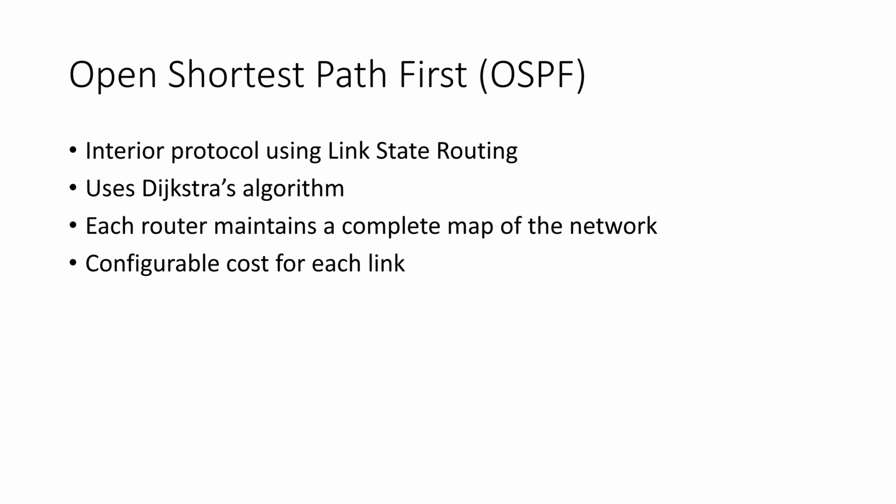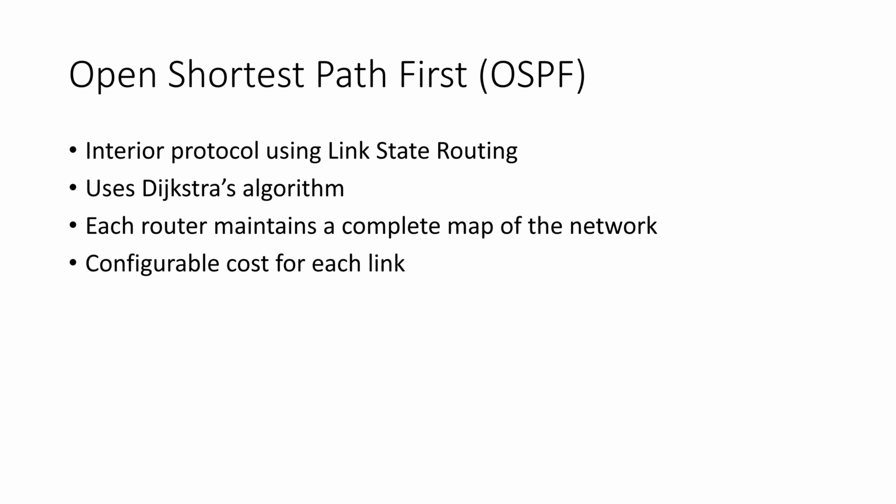Next, let's talk about OSPF, that is Open Shortest Path First. It's a widely used interior routing protocol that operates using a technique called link state routing. Unlike RIP, where routers only know about their neighbors, in OSPF every router maintains a complete map of the network's entire topology.